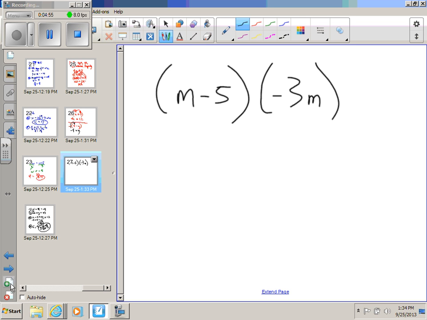And if I want to apply the distributive property to it, which of these values, the m minus 5 or the -3m, do you think we should put on the outside of the parentheses? Which one should be easier? Raven. And we're going to multiply that to m minus 5.